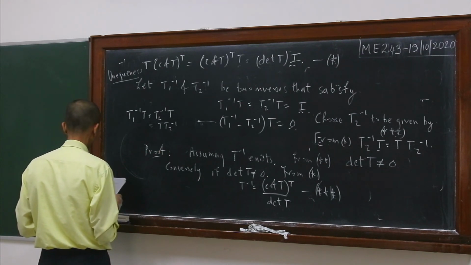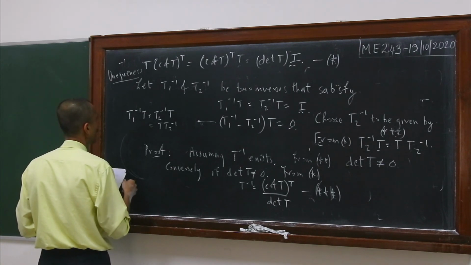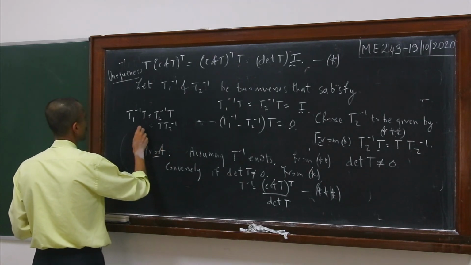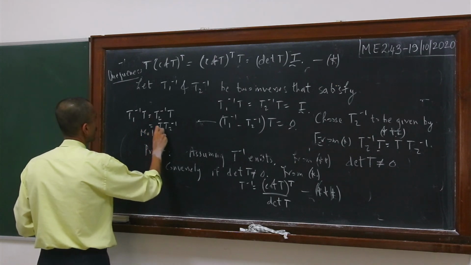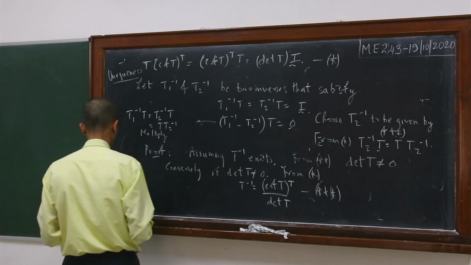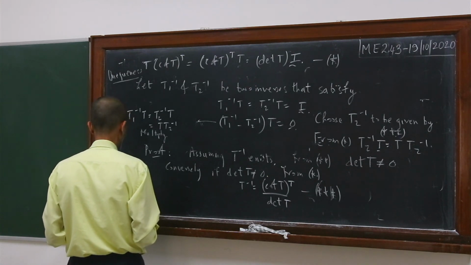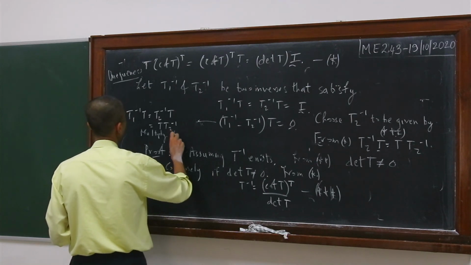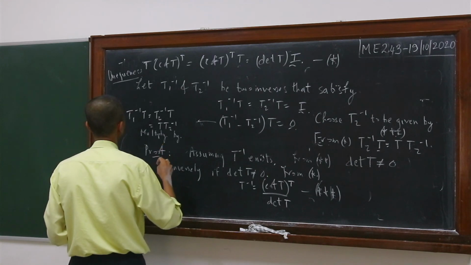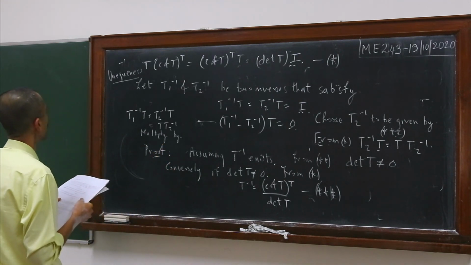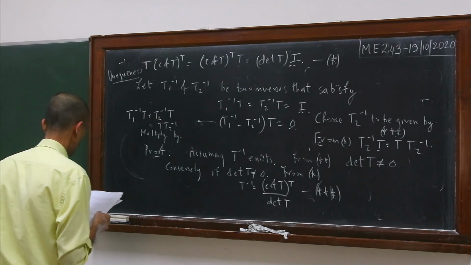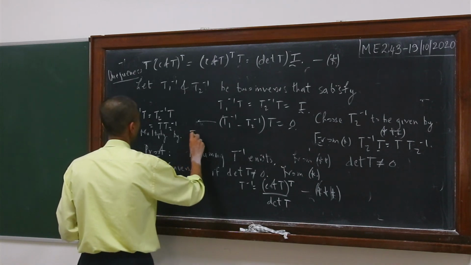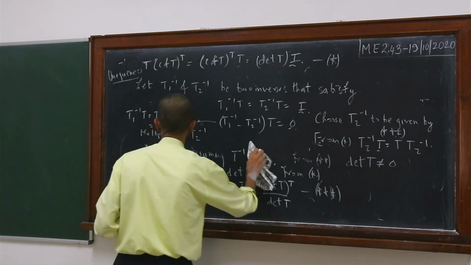So if you multiply both sides by T2 inverse, let me just rewrite this.